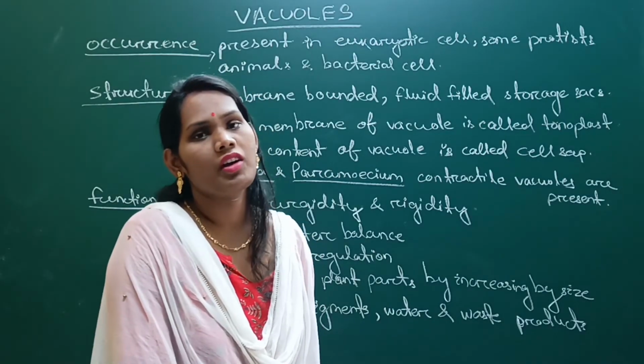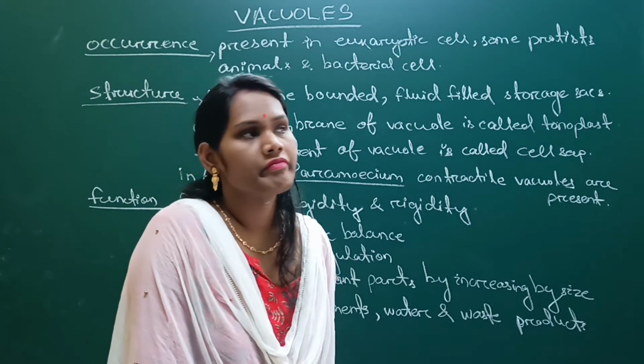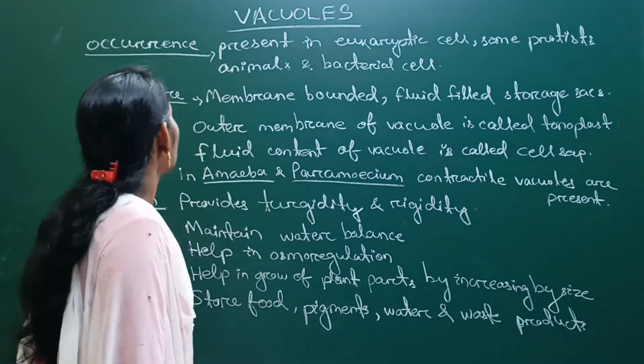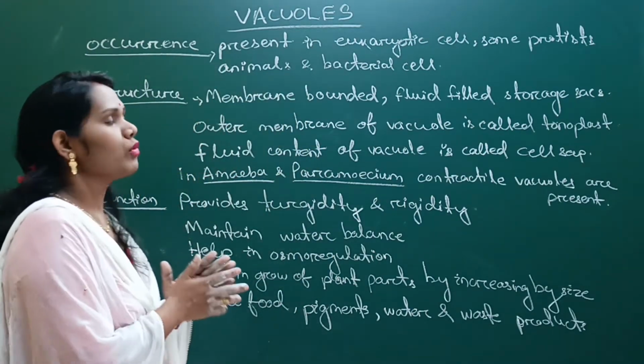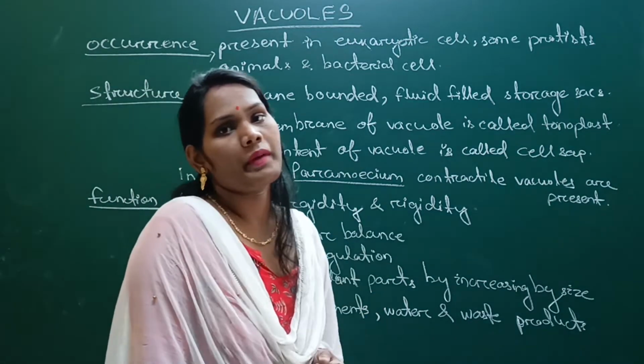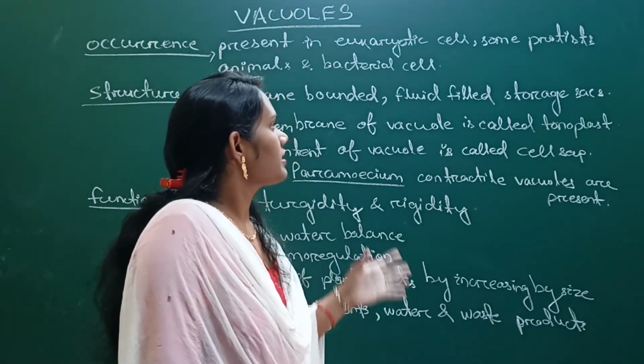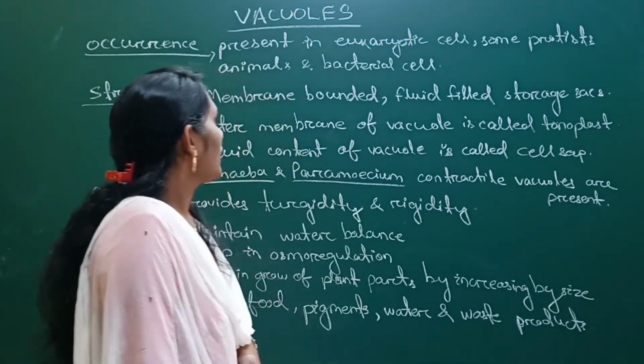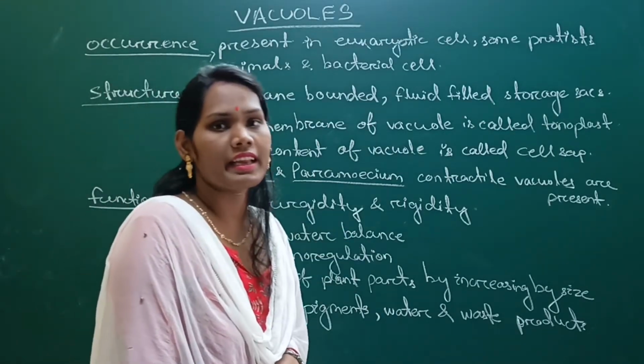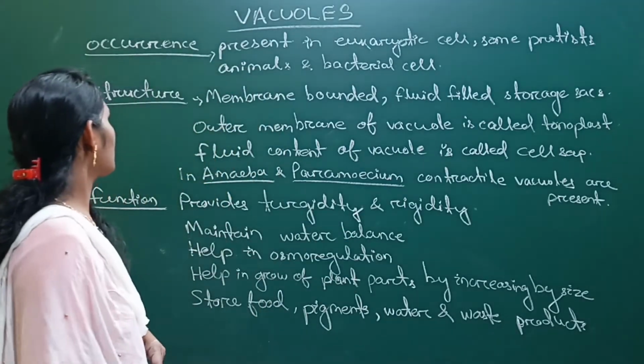Let's discuss another cellular organelle, that is vacuoles. Okay, so vacuoles are present in eukaryotic cells, that is in all plants and animals, and some protista also, and bacterial cells. Okay, so the structure of vacuole.